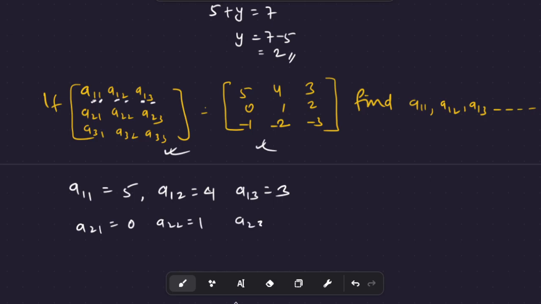A23? 2. Okay, now third row. Now turn for RA1. What is the value of A31? -1. Okay, A32. A32 is how much? RA1, where are you?